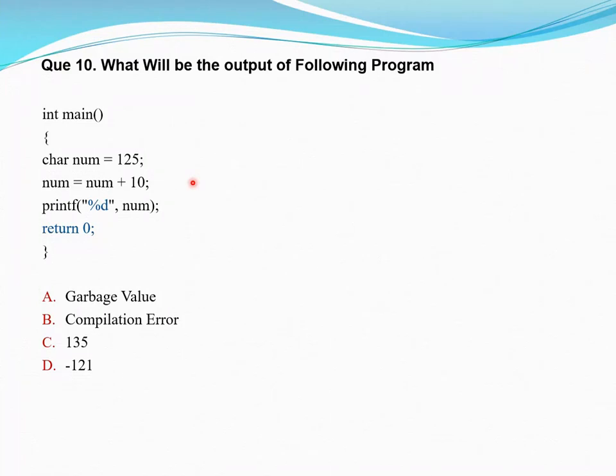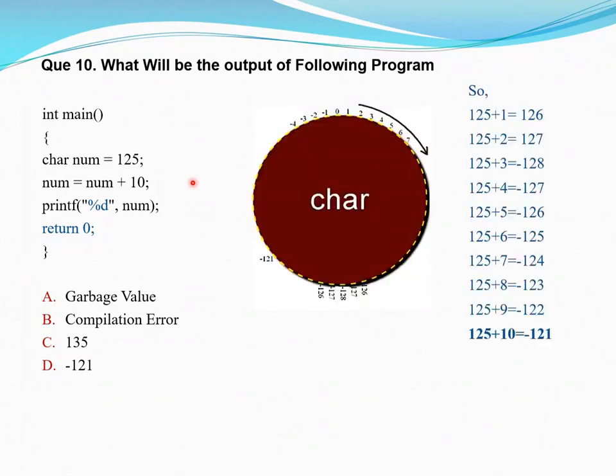So what will the compiler actually do? For that you have to understand how variables loop through their ranges. Consider a variable is of type character, as the num variable here is. The range of character is from -128 to 127.